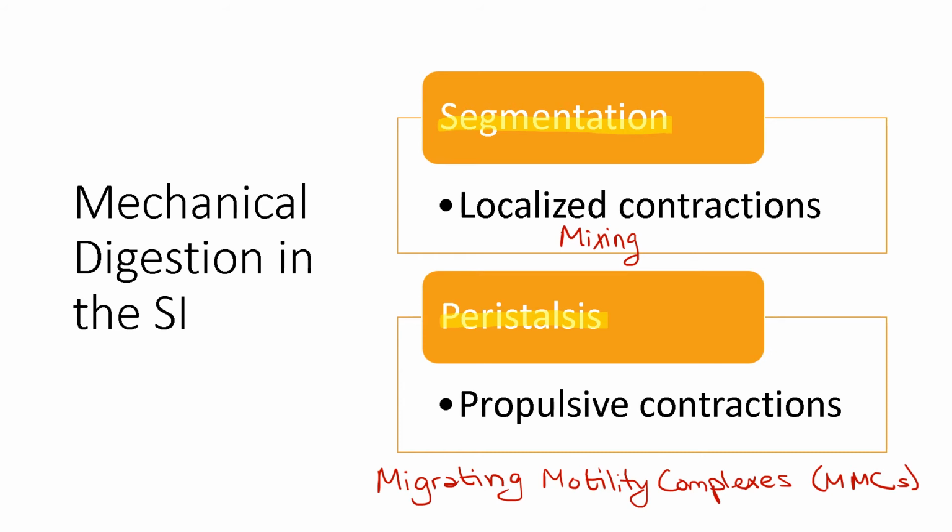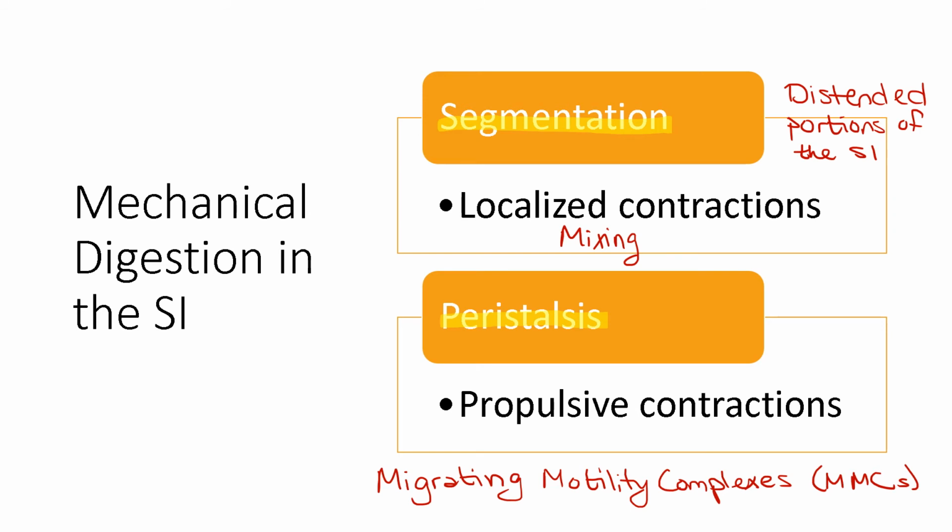And they're going to be distended by a large volume of chyme. So these are going to occur in distended portions of the small intestine. Distended means that they're swollen due to this large amount of chyme inside them.